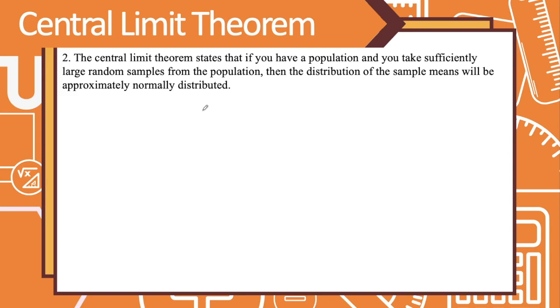Next, the central limit theorem states that if you have a population and you take sufficiently large random samples from the population, then the distribution of the sample means will be approximately normally distributed. So in this property, ibig sabihin nito, if we get large sample from the population, ang tendency magiging normally distributed na yung ating distribution.